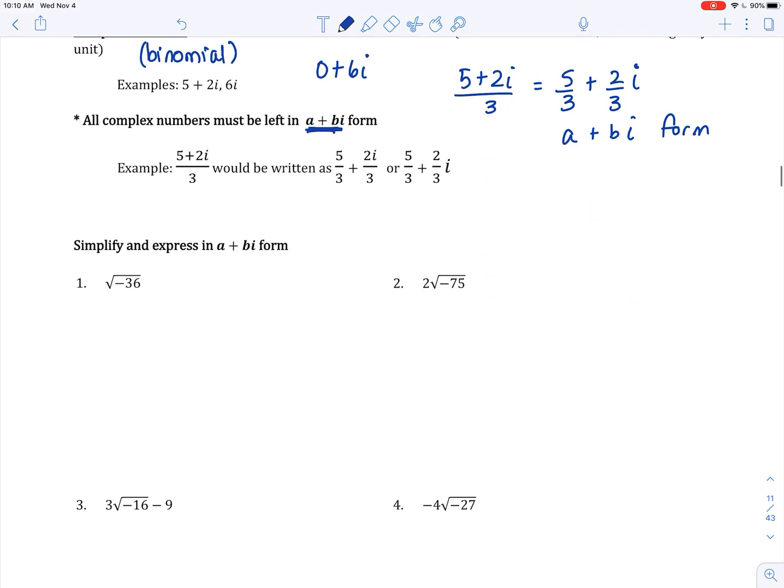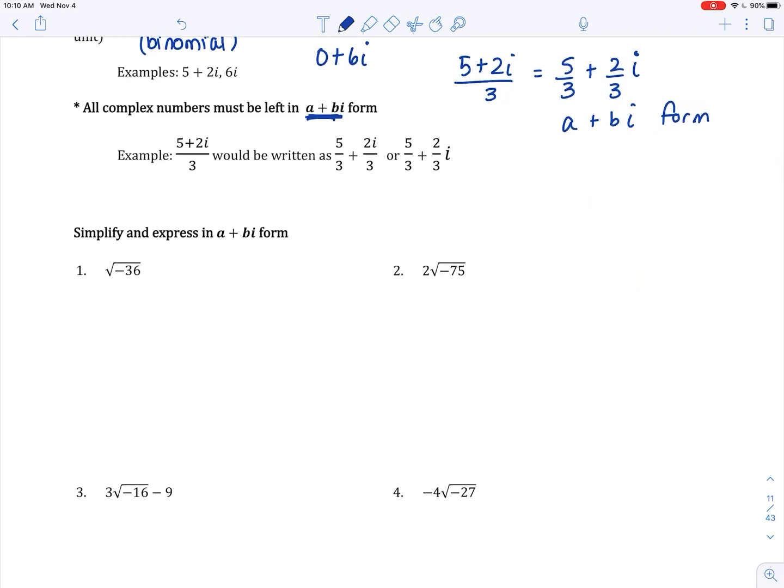So this is how we do it. If you have a negative under the radical, that means your answer is imaginary. Since 36 is a perfect square, you would just write 6i. For number 2, you have a coefficient of 2. Because of the negative, you're going to pull an i out and then just simplify a regular 75.